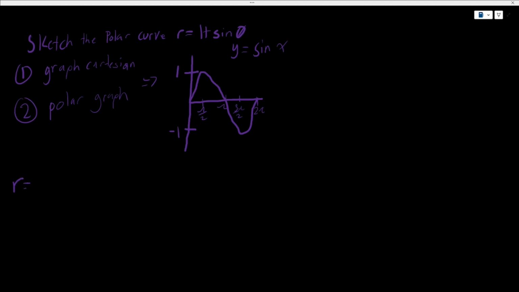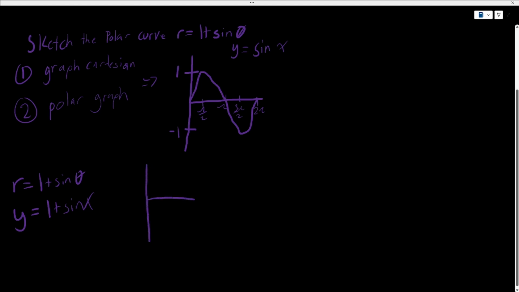But if we look at our polar function 1 plus sine theta, in Cartesian, that'll just become 1 plus sine x. So we have our graph of sine x, but it's shifted up 1 unit. So let's draw that. It'll go 1 to 2 instead of 1.